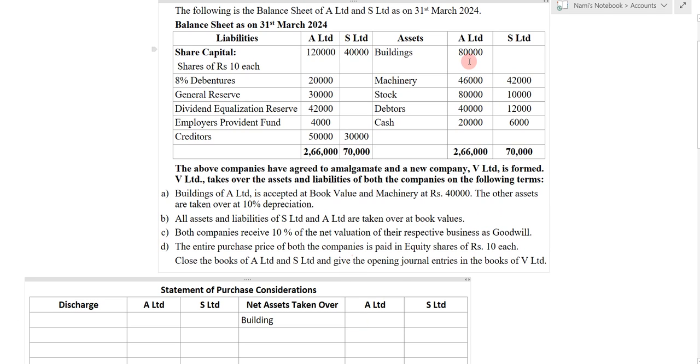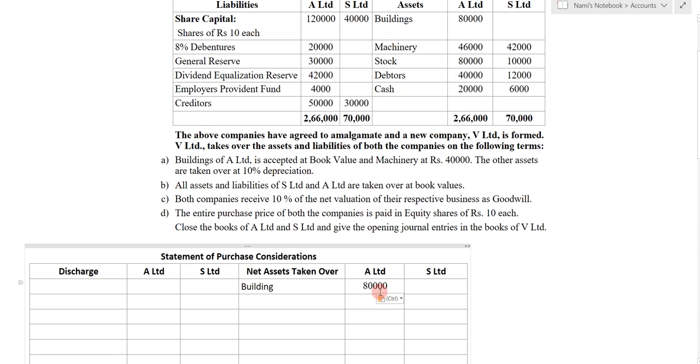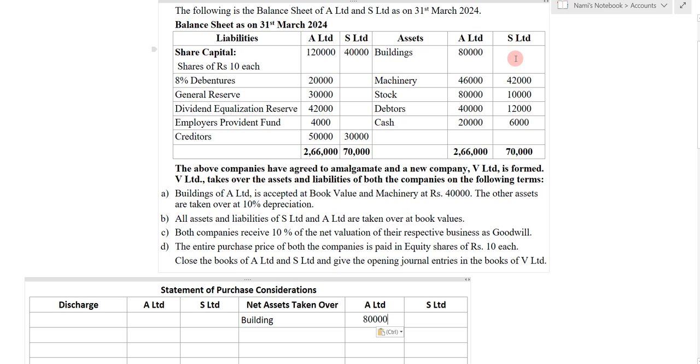So write 80,000 rupees. S Limited does not have any buildings. Leave it. Then machinery at rupees 40,000. So machinery rupees 40,000.